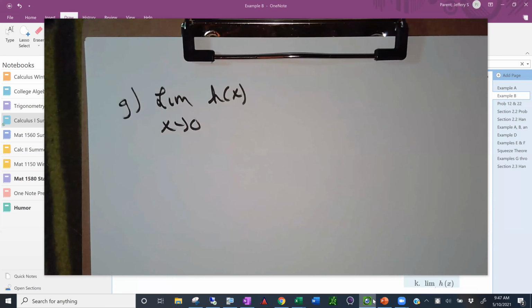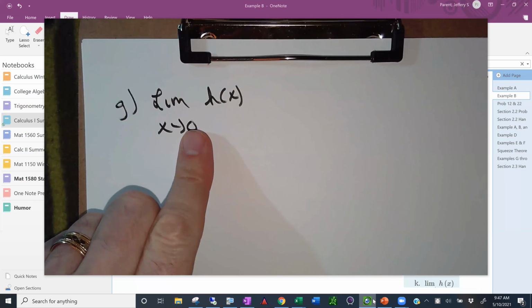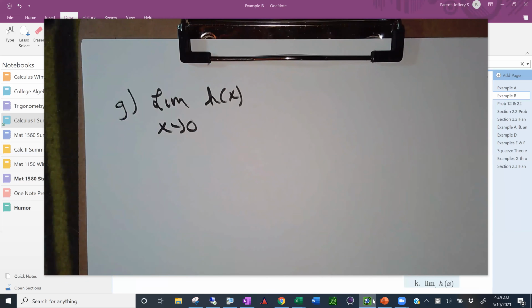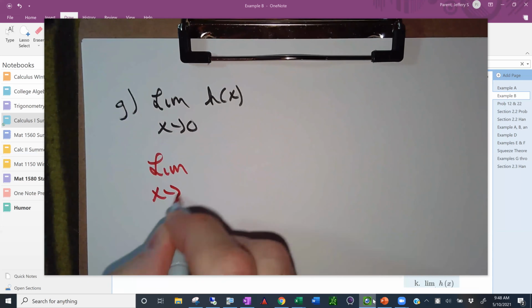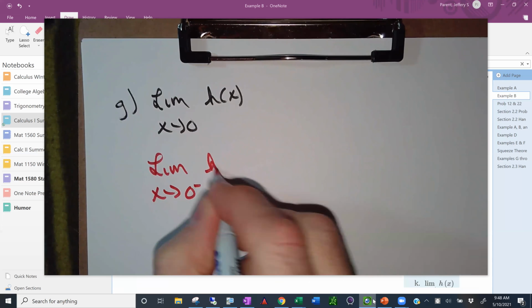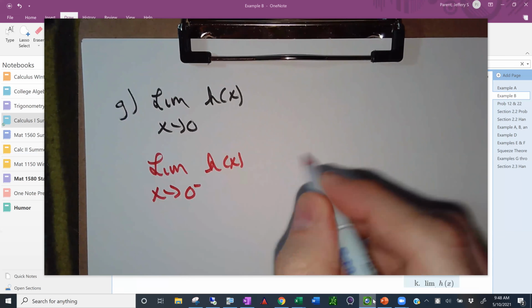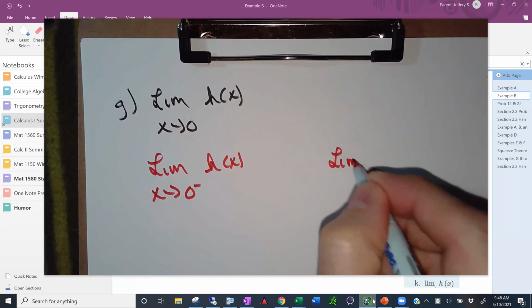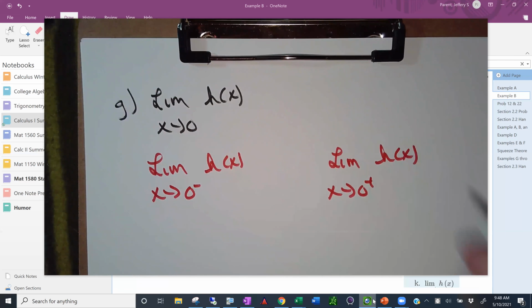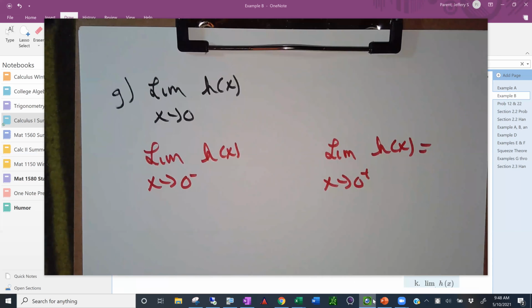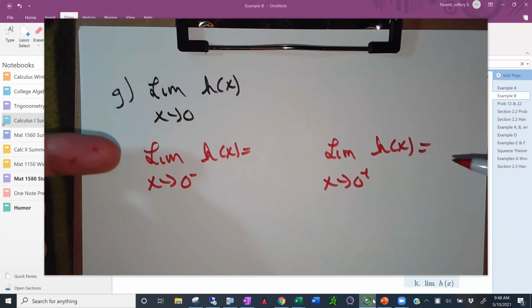Now, in order for this limit to exist, there's two other limits that we need to look at. We need to look at the limit as x approaches 0 from the left of h of x, and the limit as x approaches 0 from the right of h of x. So let's see if we can't look at those two, because in order for this one to exist, these two have to be the same.